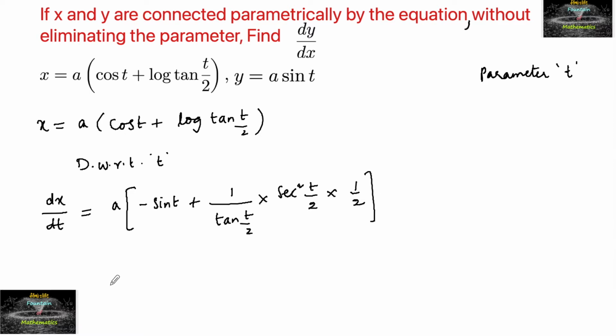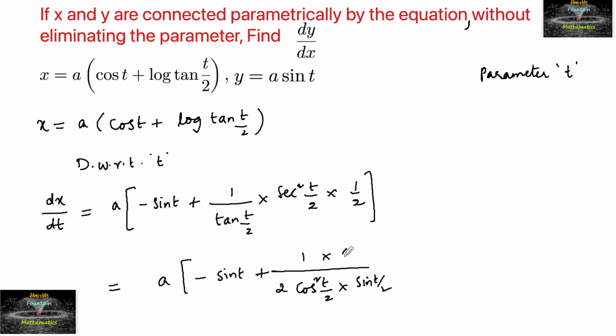So we can write here a times of minus sin t plus secant square t by 2 and tan t by 2. Secant square we can write as 1 upon cos square t by 2. So let me write here 1 by 2 times of cos square t by 2, and this tan t by 2 I can write as sin t by 2 upon cos t by 2. So that will go to the numerator.